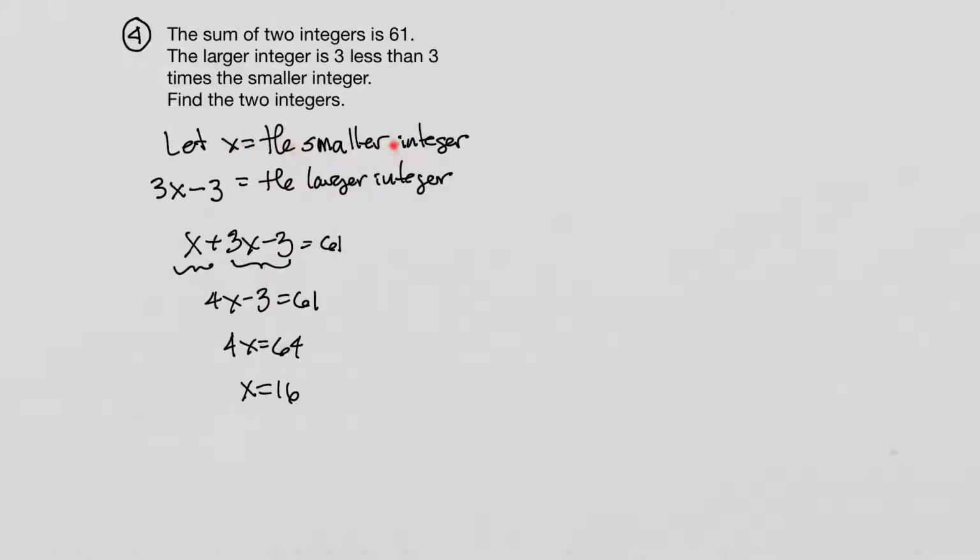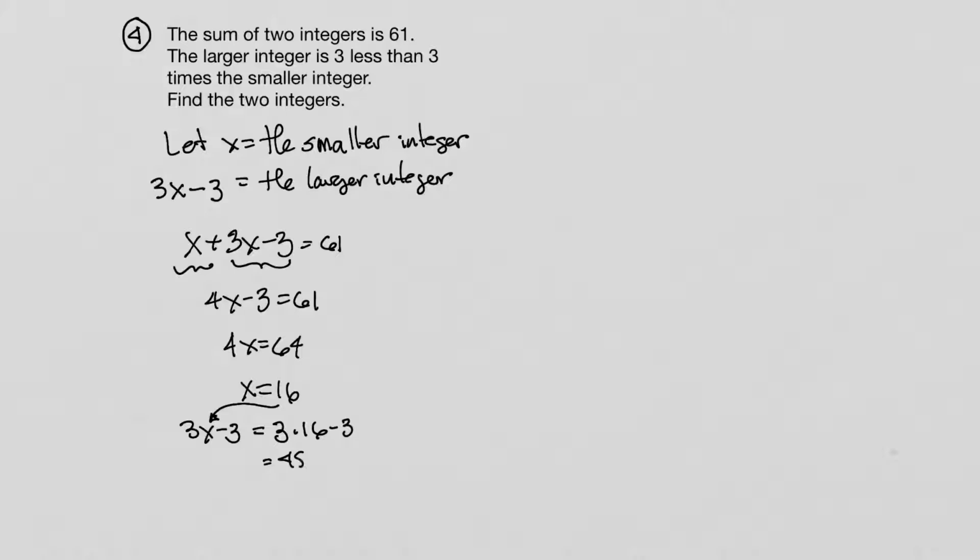Okay, so x is the smaller integer, and then we need this one. Now, it's right here, right? So right below it, I'm going to write 3x minus 3. Here's the x, right below the x is 3x minus 3, so I'm going to write that here. And 3x minus 3 is 3 times x, but x is 16, minus 3.